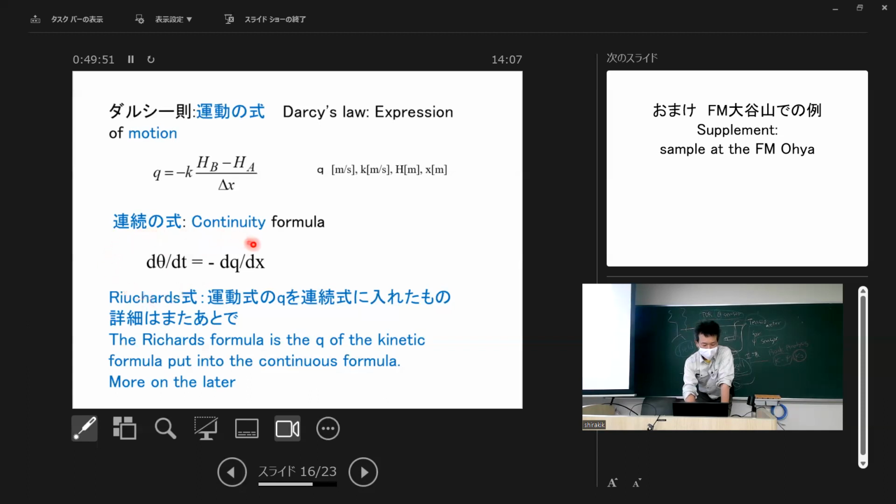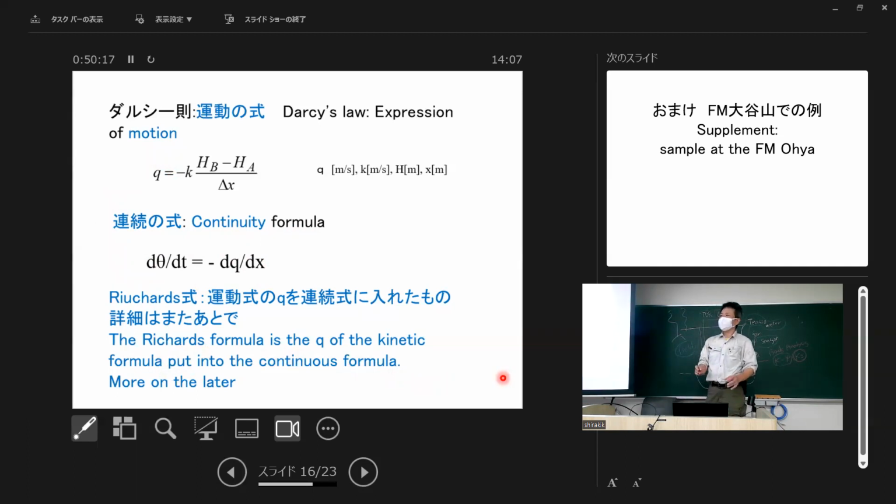This means water cannot disappear or be generated, which is the continuity equation. These two equations make the Richards equation.